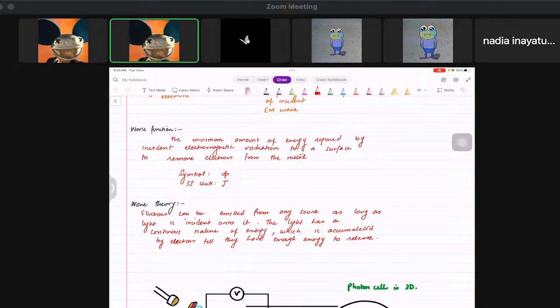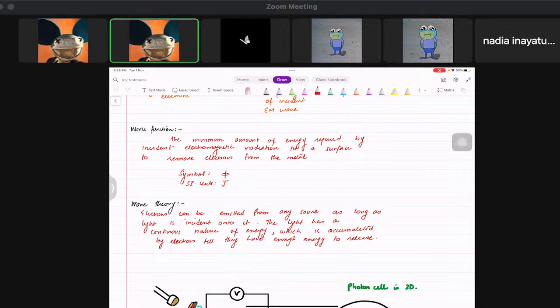Yes, sir. Now, wave theory says that it can do that, because energy is continuous, so it can keep on gathering the energy, and when the electron has enough energy, it can release. So, according to wave theory, any type of light can do that.